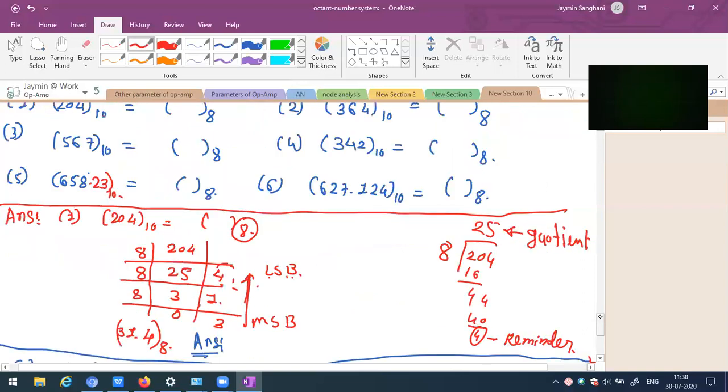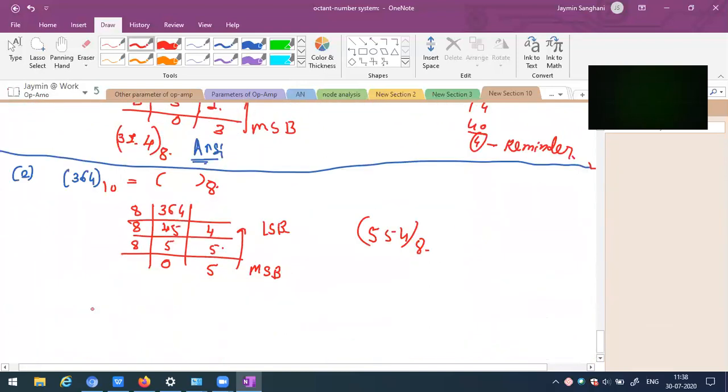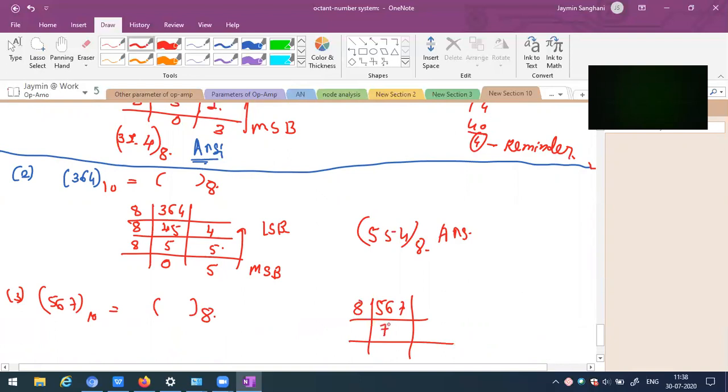Now the third example, 567, that is the decimal number. How is it possible to convert into octal? See, this is the answer. Here 567: 8 sevens are 56, and 8 0.